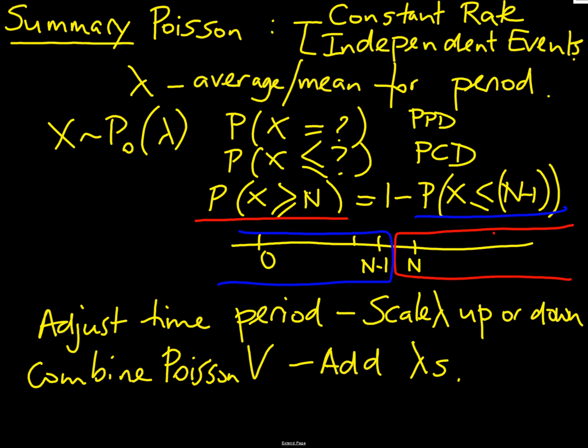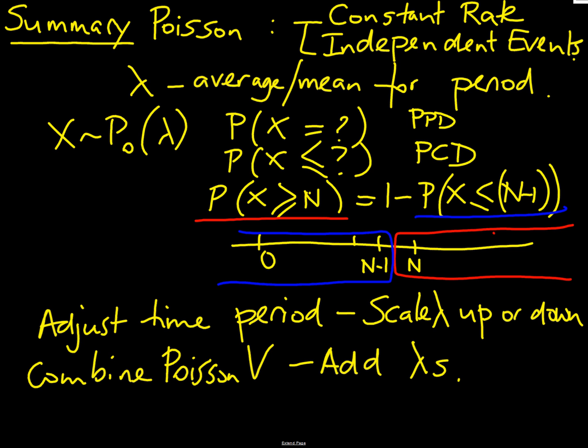Okay, here's my final summary for Poisson. Remember, the rules are it applies where there's a constant rate and there are independent events. We find our lambda from the average or mean for the period specified. We use our standard number line approach to work out our probabilities using the PPD and PCD function on our calculator.